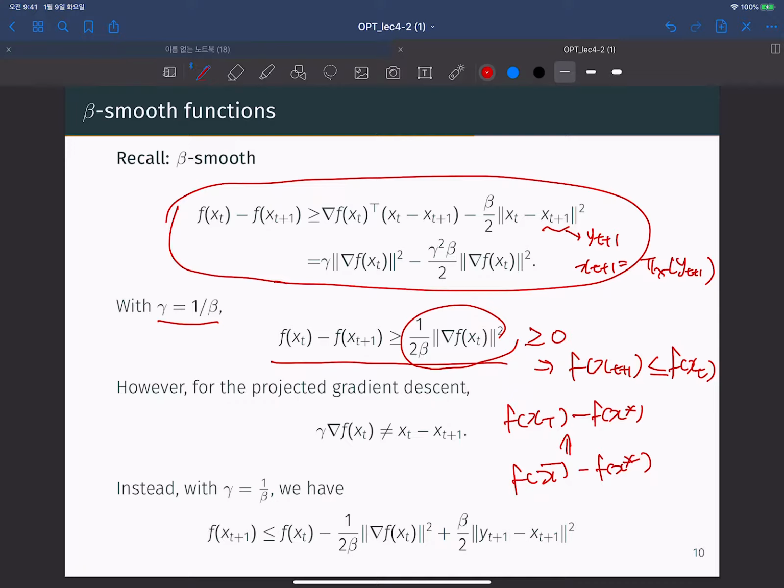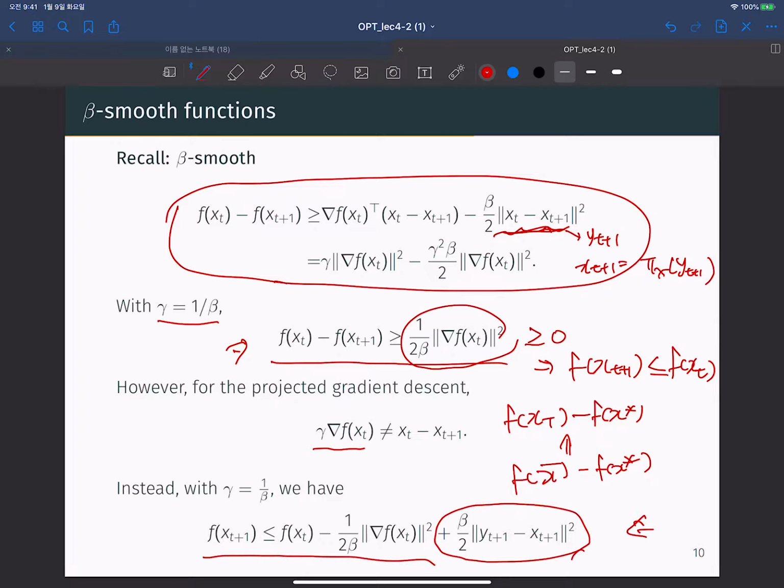So now gamma times the gradient of f(x_t) is not equal to x_t minus x_{t+1}. That's the main problem. Instead, in the next slide, I will show this inequality. This inequality is an alternative for this one. Basically it is almost the same except this part.